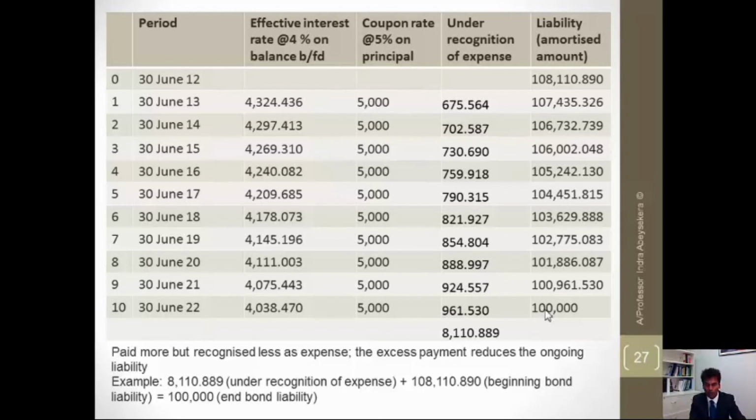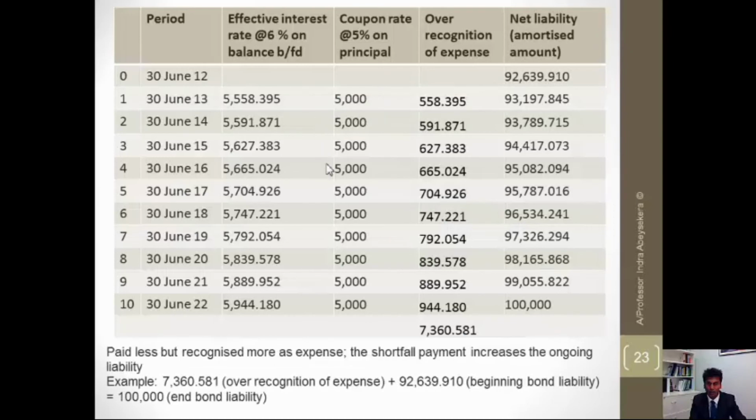So in all three scenarios, the settlement value is 100,000. In the first scenario, there's no difference between the market interest expense and the coupon rate. That is when it is issued at par value. When it is issued at a discount, then we are paying less cash than what the market expects.